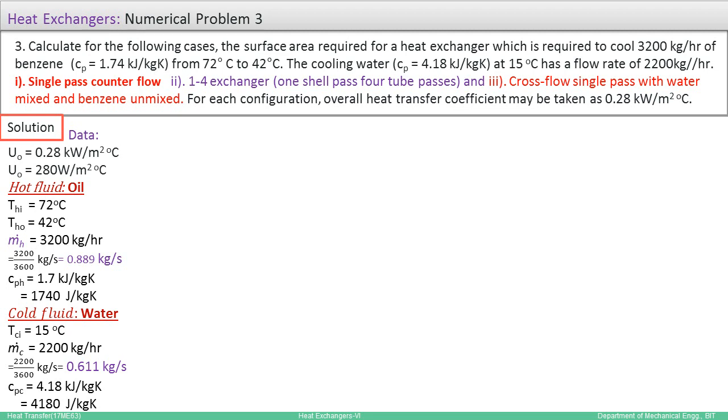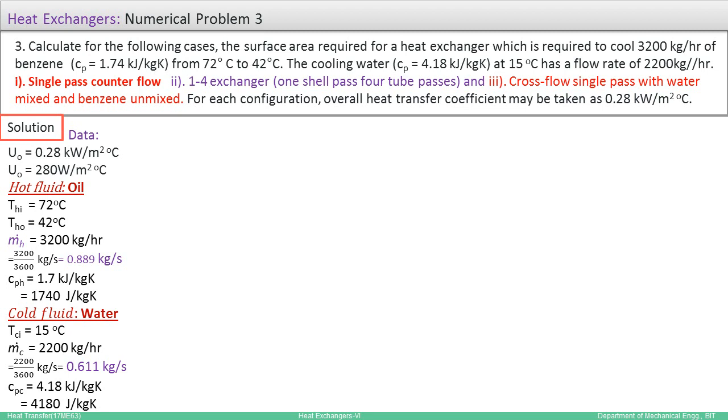And for hot oil, both inlet and outlet temperatures are known, 72 degrees Celsius and 42 degrees Celsius respectively. M dot H, mass flow rate, is 3200 kg per hour, so that is found to be 0.889 kg per second.